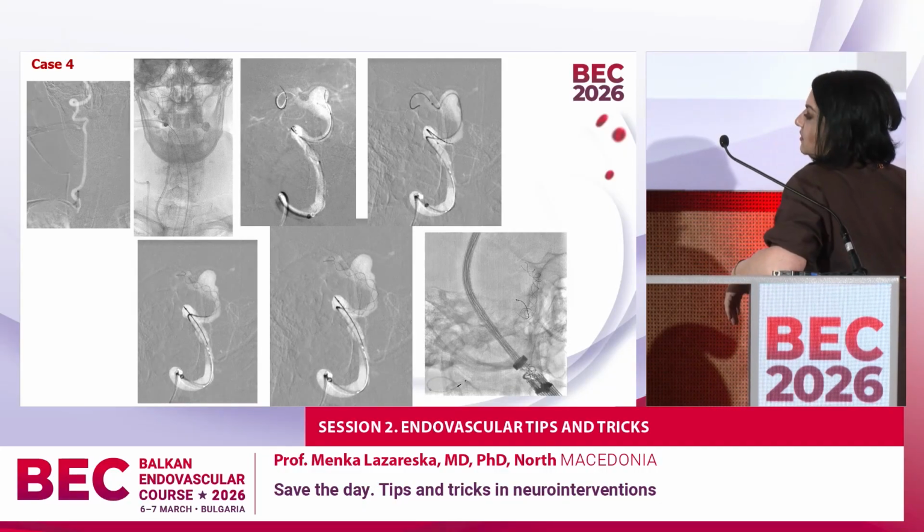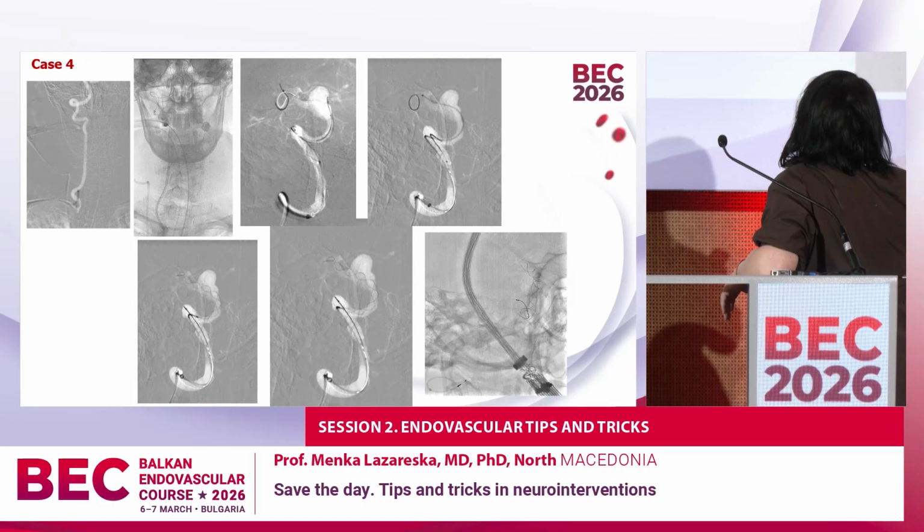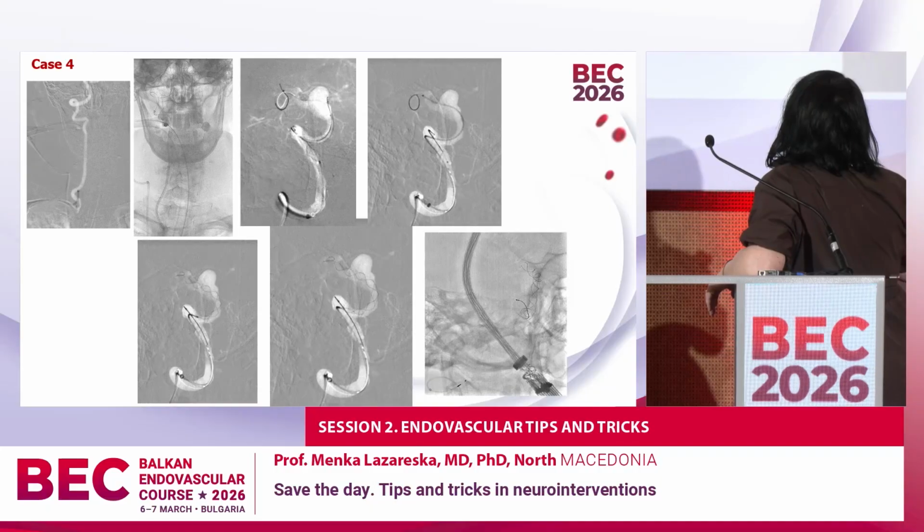Because of the tortuosity, it was shortening. We couldn't, and we had to pass through the aneurysm to put the microcatheter for the Leo stent, Vascom.